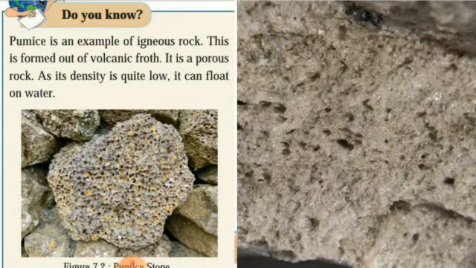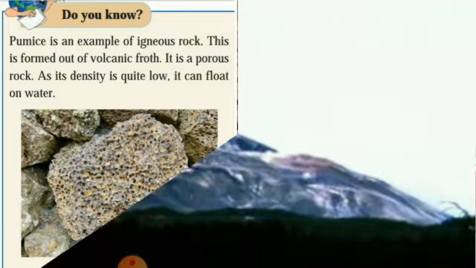Children, do you know? Pumice is an example of igneous rock. This kind of hollowness, as we have seen before in the question, you can see in the igneous rock. This is formed out of volcanic froth.